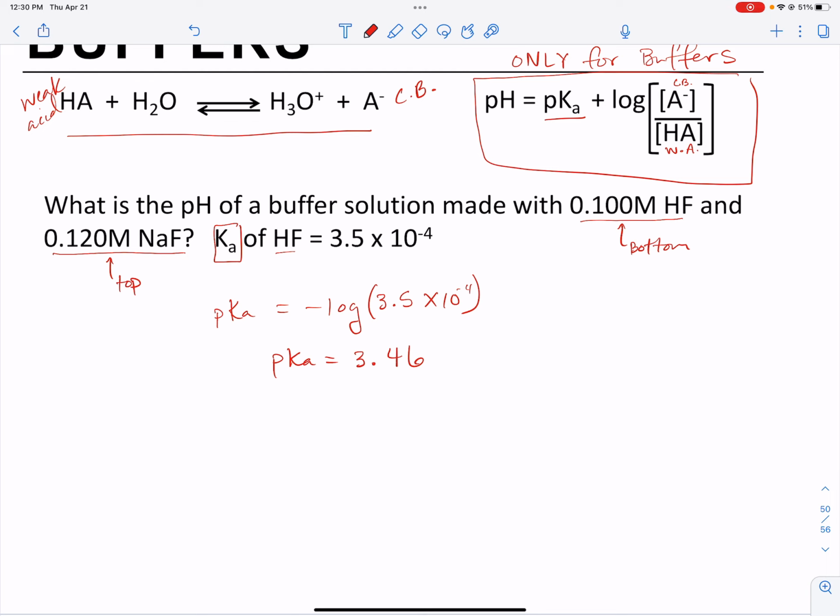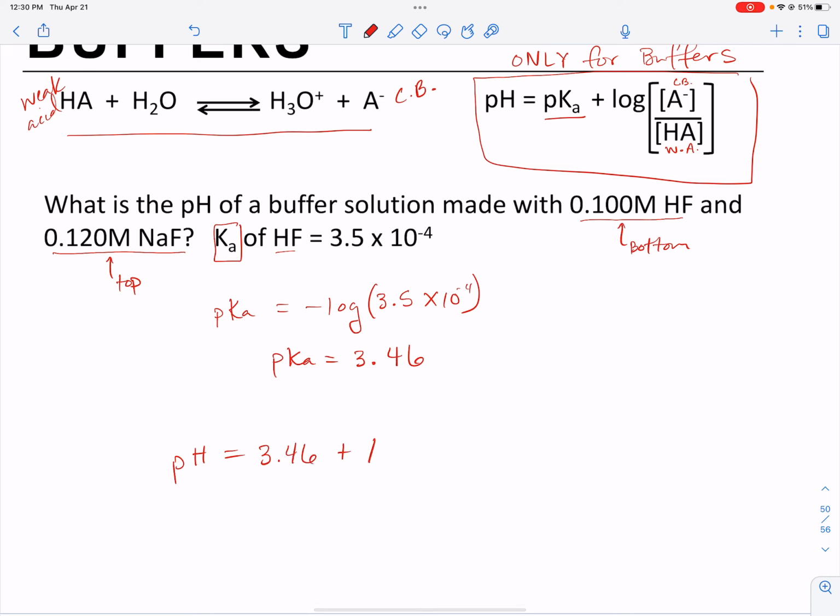So now that we have pKa, we're just gonna plug everything into our equation, which is the Henderson-Hasselbalch equation. pH equals, plug in pKa, 3.46, plus the log of the concentration of conjugate base on top. So the sodium fluoride is the conjugate base, so I'll plug its concentration in on top, over the concentration of weak acid. The hydrofluoric acid, HF, is the weak acid, so I'm going to plug in 0.1 molar on the bottom.